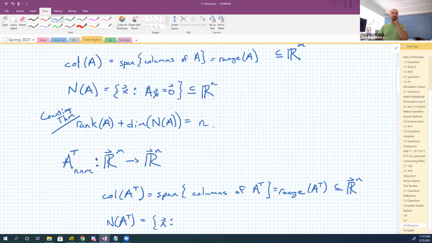I probably shouldn't call them vectors x. I'm going to call this a vector y, just to be really suggestive that it's in the kind of codomain space for A, right? So if A takes x's to y's, then these are kind of the y's. You guys all with me on that?